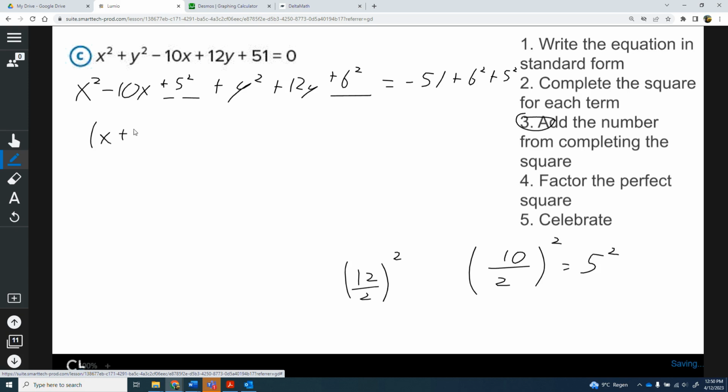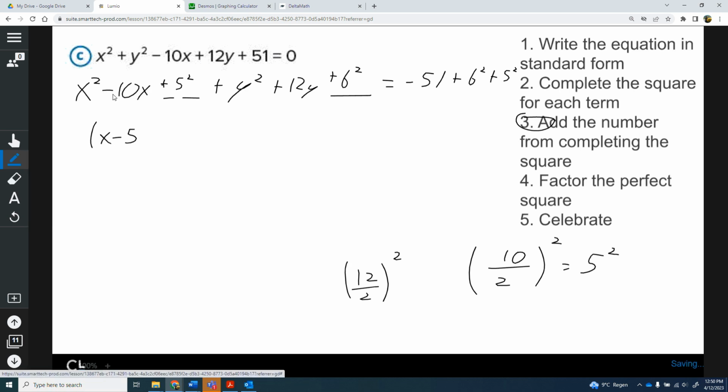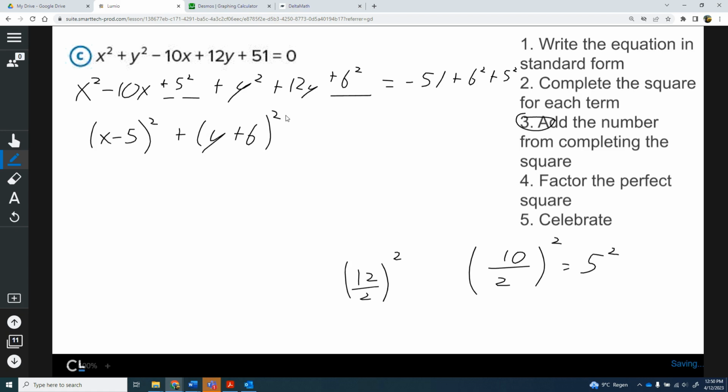I'll have x minus 5. The reason it's minus 5 is because that number is negative, squared plus y plus 6. That number's plus, so it's plus 6 squared.